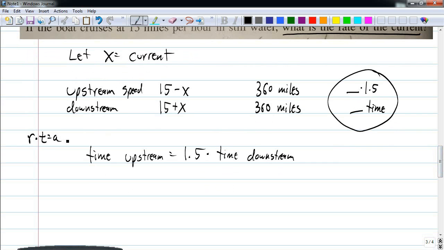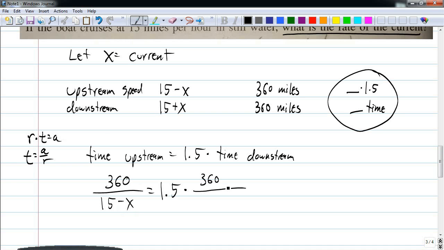So if I want to find time, I'll have to divide the amount by the rate. Going upstream, I'm traveling 360 miles, and my speed is 15 minus x. Going downstream, I'm going to have 1.5 times the same distance divided by 15 plus x.